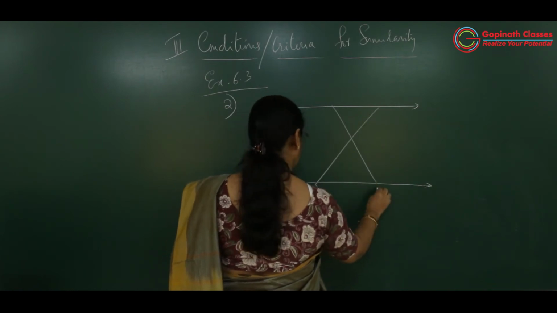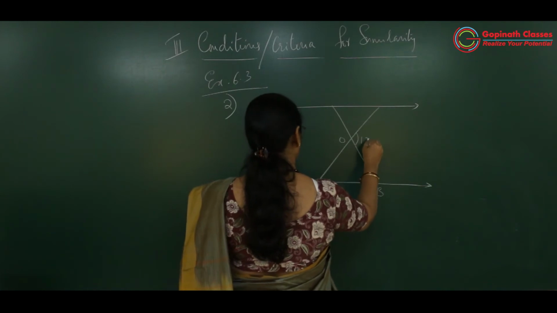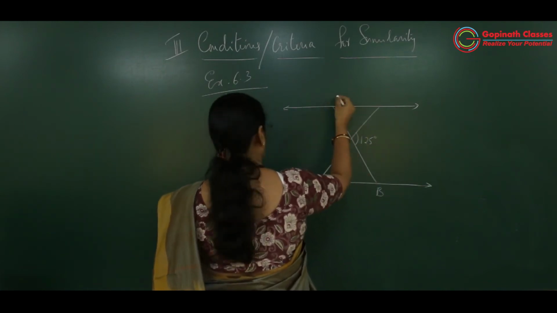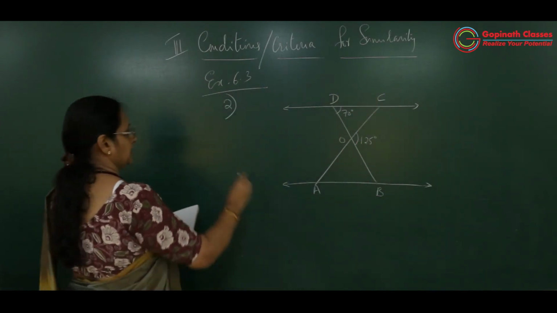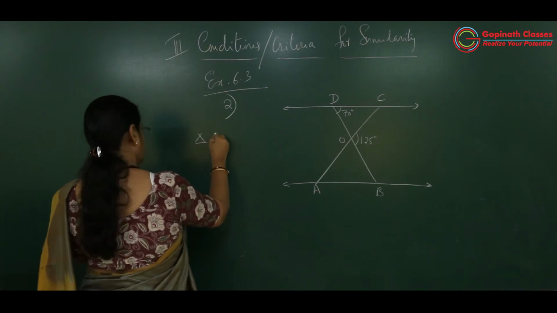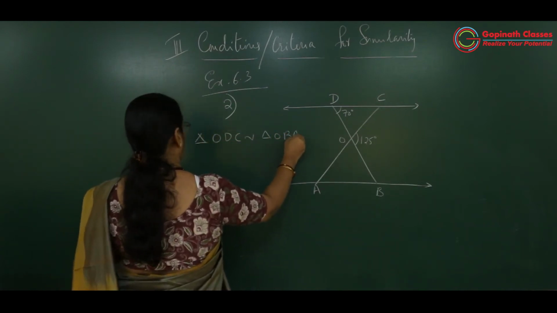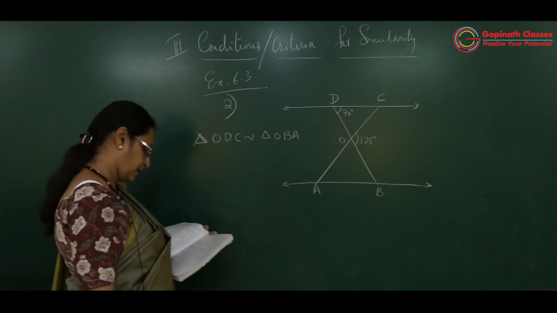It's AB, this is O, this is 125 degrees, this is 70 degrees and it is DC. Two triangles are given similar. Which are the 2 triangles? Triangle ODC is similar to triangle OBA.